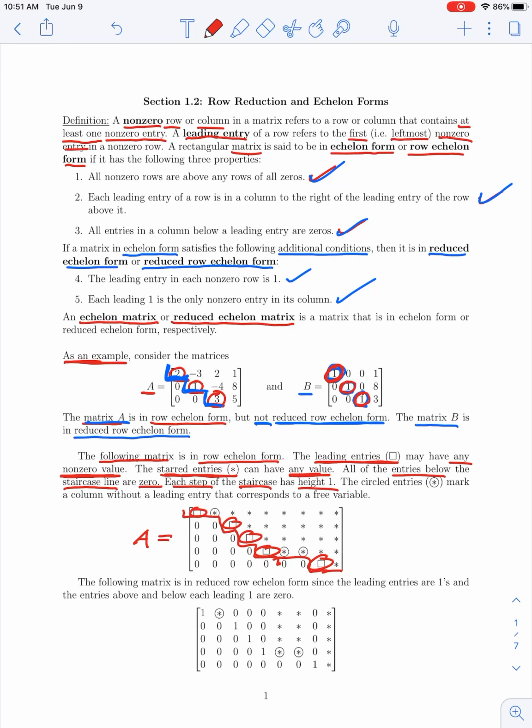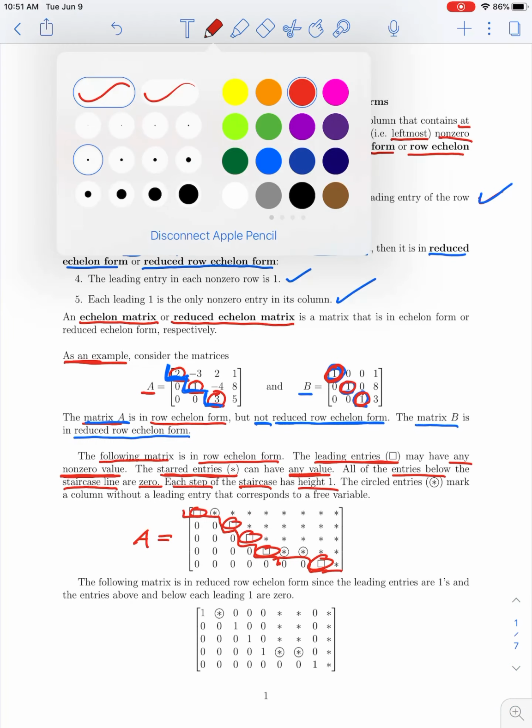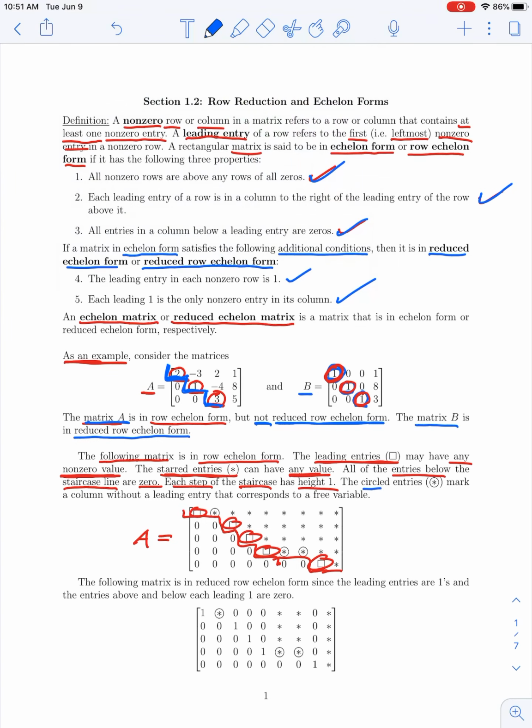So these other entries which I'm marking within our matrix, let's show here these circled entries, would be entries in a column that do not have a leading entry.